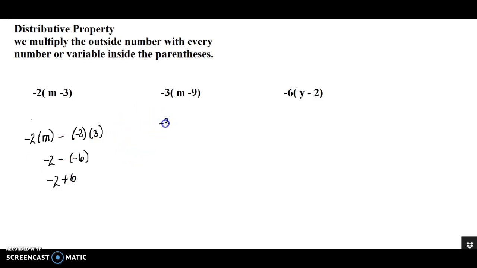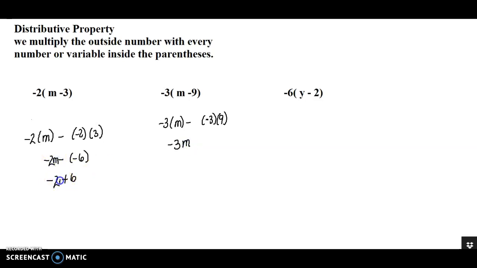Next problem, take a negative 3 and multiply it times m, minus, take a negative 3 and multiply it times 9. Negative 3m. I forgot to put the m behind those.